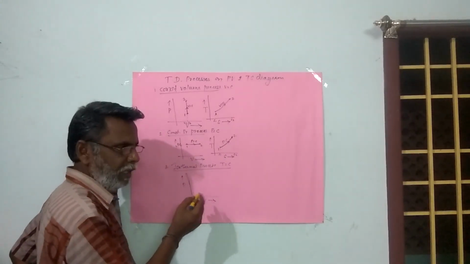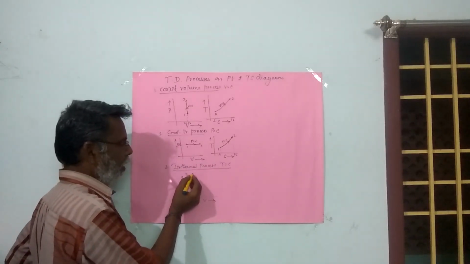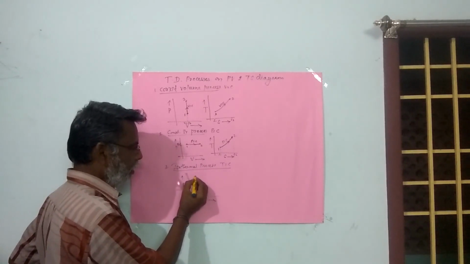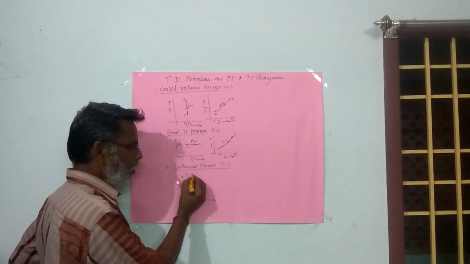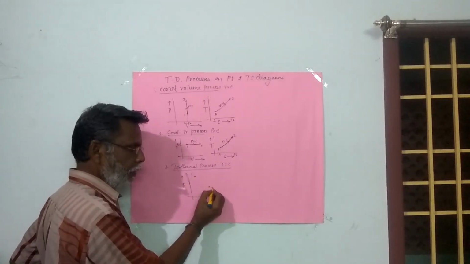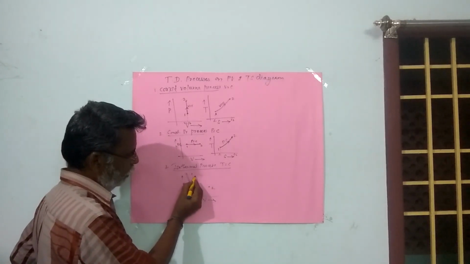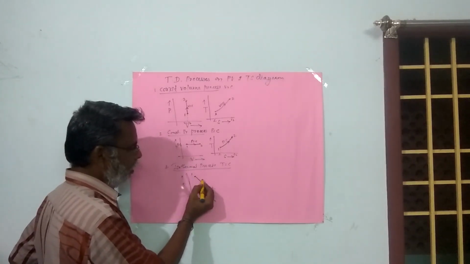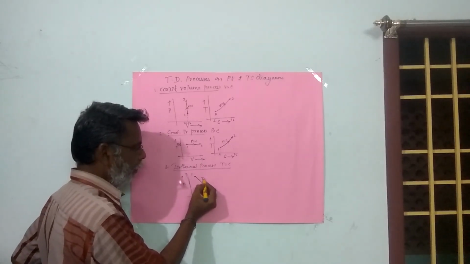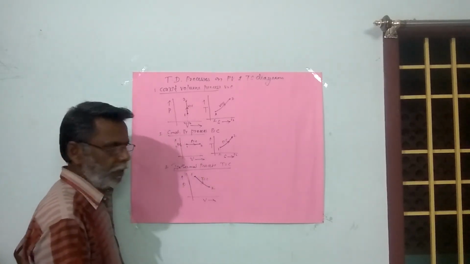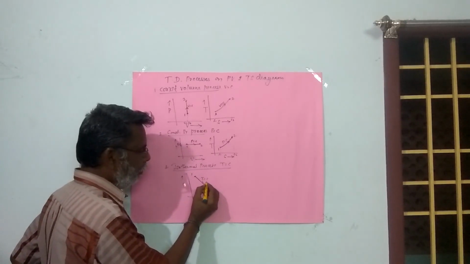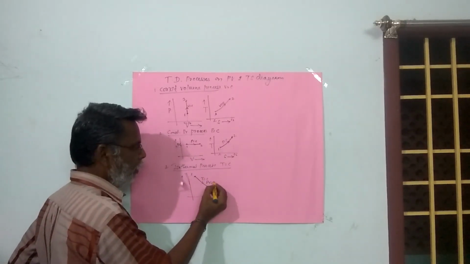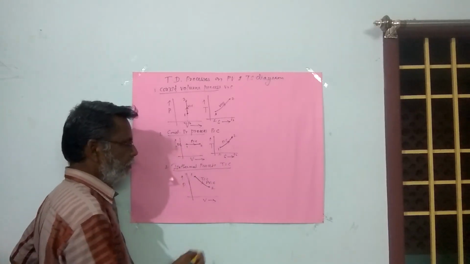Now let us take an isothermal expansion process. This is the initial state 1 and this is the final state 2. The process curve is like this. Here the temperature is constant throughout the process, or I can say PV is equal to constant. The product of pressure and volume is constant during this process.